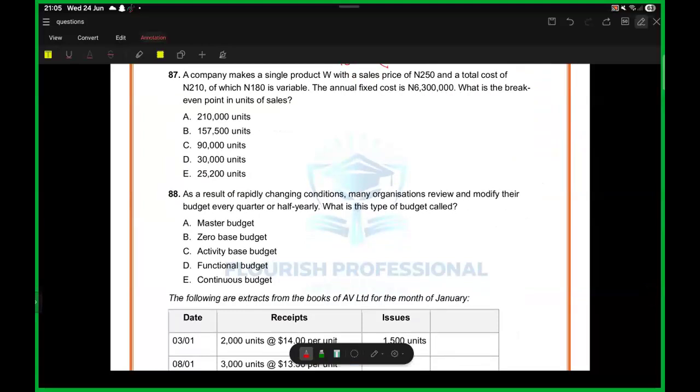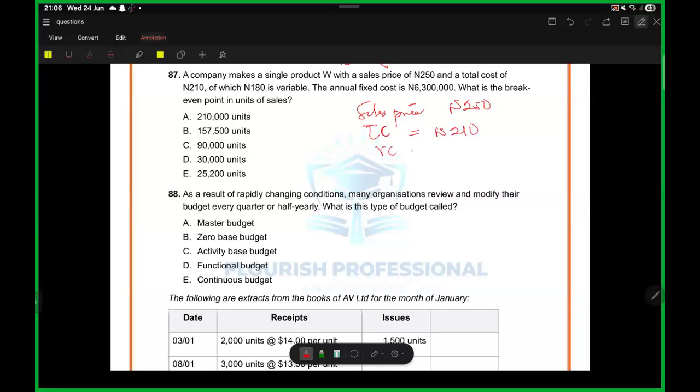Yes, please. Okay. Number 87. A company makes a single product W with a sales price of 250 naira. Total cost is given as 210.